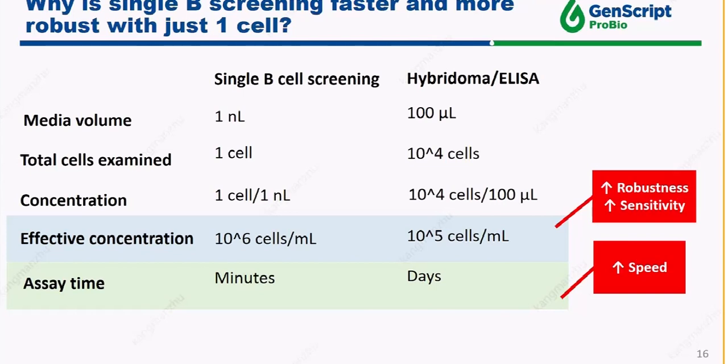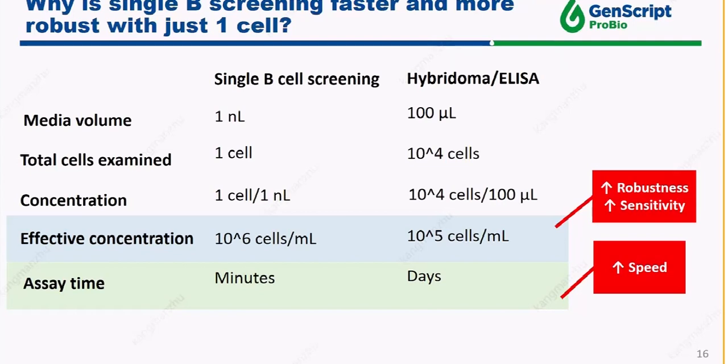Basically what I did here is convert the unit to the number of cells per ml, and you get 10 to the 6 cells per ml. Now, if we look at hybridoma or ELISA, the media volume is 100 microliters, and typically you can get an ELISA read with about 10 to the 4 cells, which is the number of cells you have to grow up for an ELISA test.